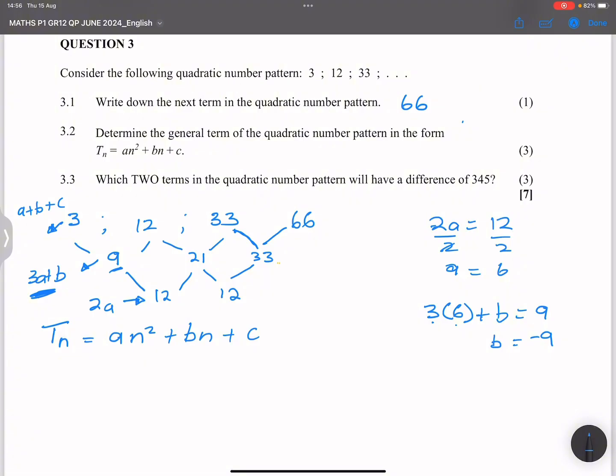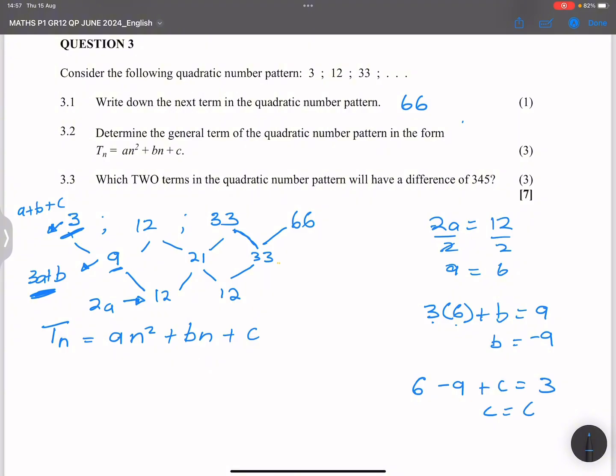And finally, we've got c. Now we know a plus b plus c gives us the first term, right? Our a value is 6, right? Plus our b value, which is -9, plus our c value, which is what we want. This is equal to 3, the first term, right? So 6 minus 9 gives us -3. But if I take it to the other side, it will be 3 plus 3.